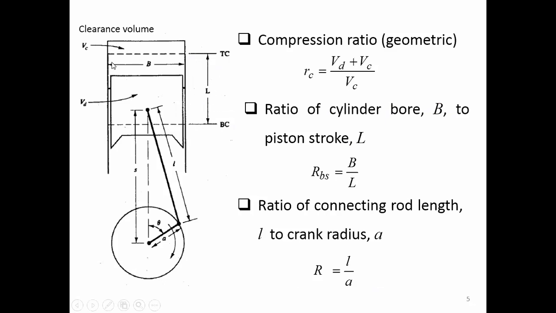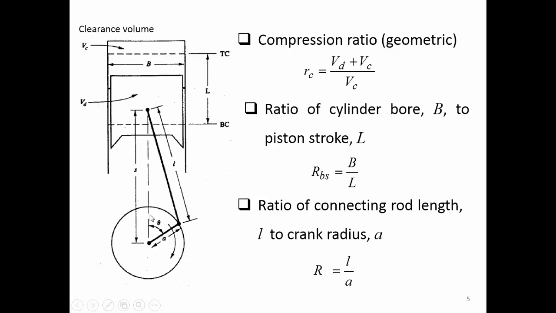The bore is right here, the diameter of the cylinder, or presumably the diameter of the piston also. The connecting rod length is this, and this is the crank, and this is the radius of the crank.